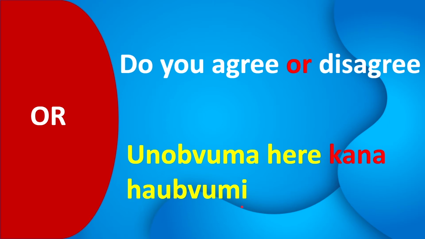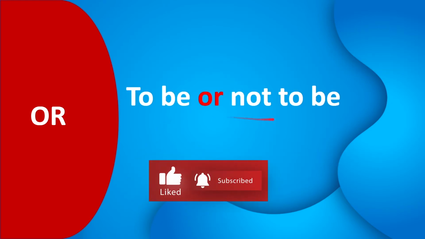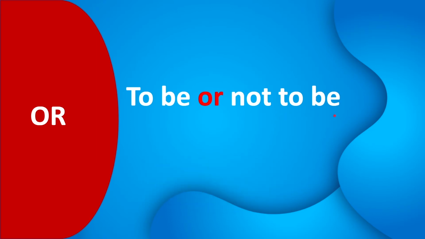I know this is a bit difficult to pronounce, especially the consonant BVU, which is va, ve, vi, vo, vu. So, unobvuma here kana haubvumi.